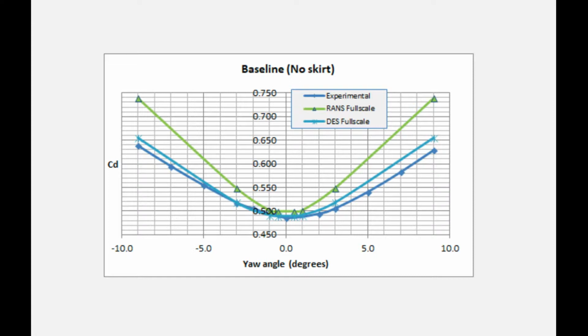And then I'll run several more simulations at, say, 1, 2.5, and 5 degrees yaw. And then once I've gotten a series of points at different yaw angles of the wind, I can use a cubic spline to get the final wind averaged drag coefficient, which is meant to better model the effect of the changing wind on the vehicle.